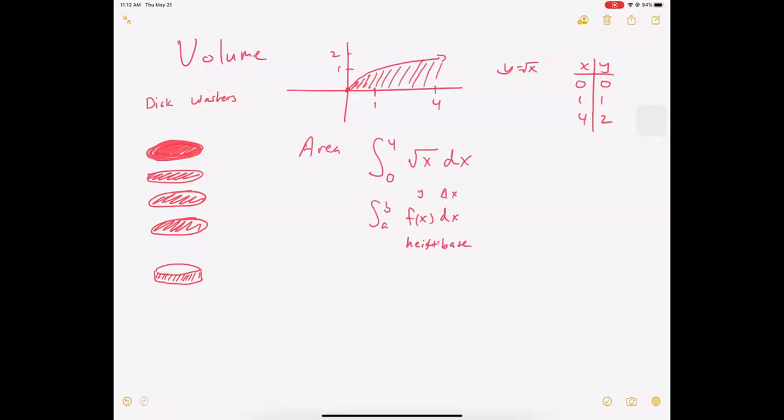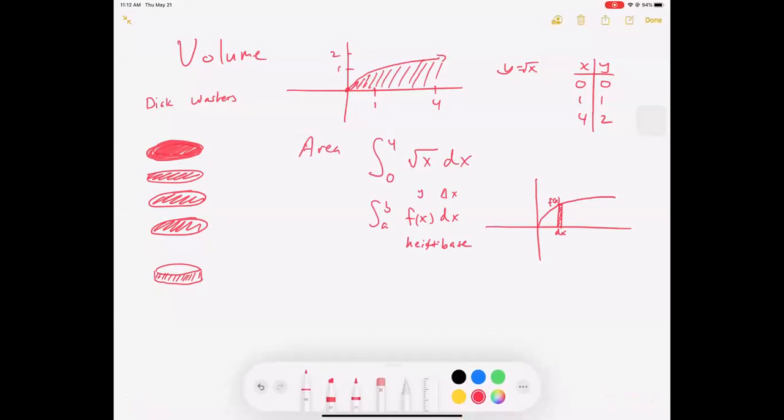So when we were talking about area before, how did this work? We took a little bit of dx, multiplied it by the height there, f of x, and that gave us one sliver. Then we added another box next to that with a little bit of dx, followed by another box after that.